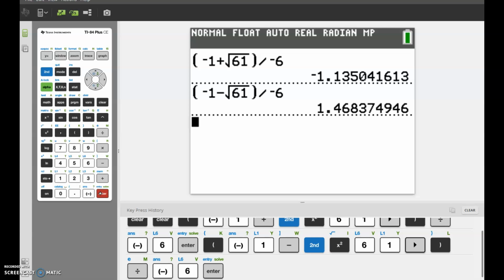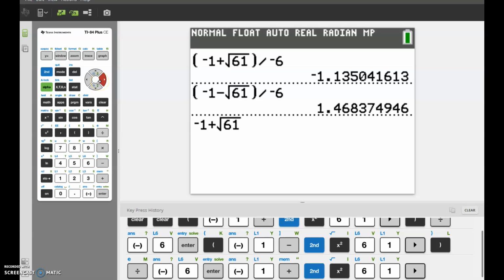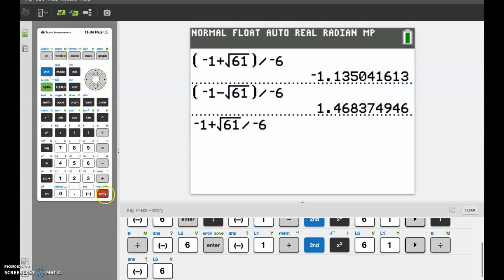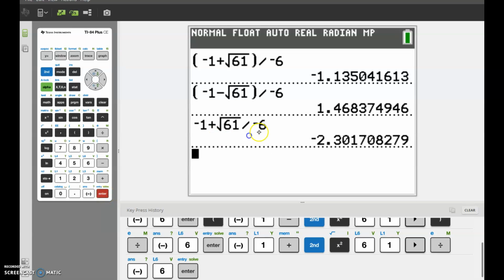This is a very common mistake that students make. Notice how the answer will change if I don't include parentheses. So there's my -1 plus square root of 61 divided by -6. What the calculator did is it took the square root of 61 divided by -6 and then added -1 to it, because according to our order of operations, division comes before addition.